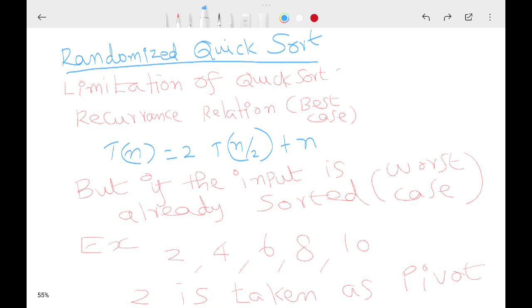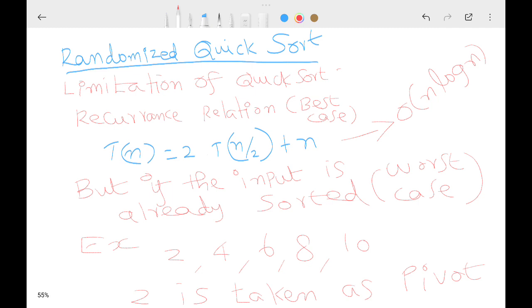For that best case, the recurrence relation is T of n equal to 2 into T of n by 2 plus n. That n is nothing but the time taken for the partitioning process. If you solve this recurrence relation by using the substitution method or Master's theorem, it will give O of n log n. So this is the best case.